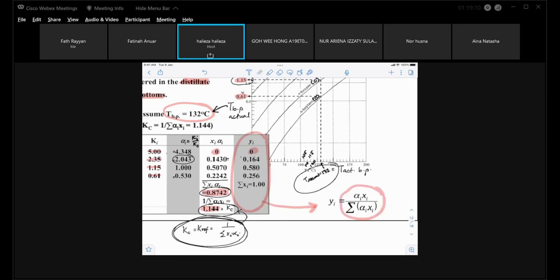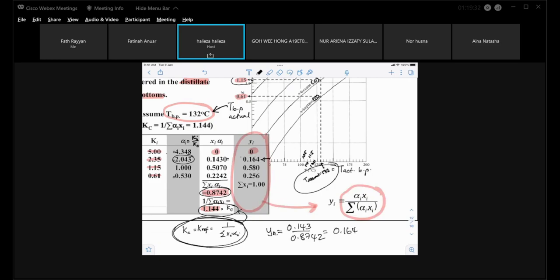For example, for component A, the Y_A for your bottom product: 0.143 divided by the summation 0.8742, you should come up with 0.164, which is that value there.